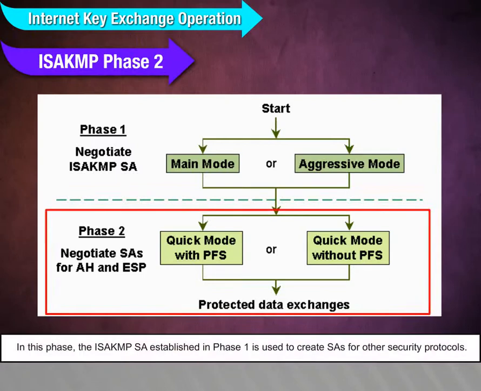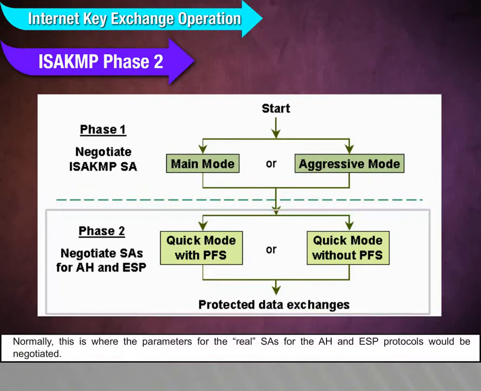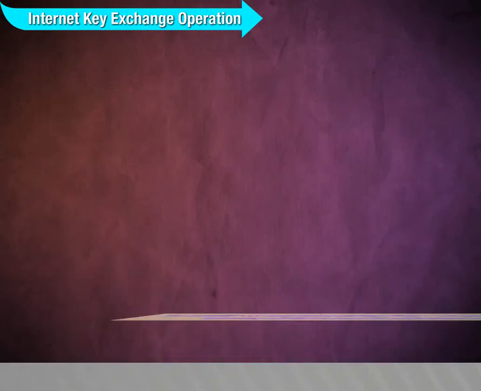ISAKMP Phase 2. In this phase, the ISAKMP SA established in Phase 1 is used to create SAs for other security protocols. Normally, this is where the parameters for the real SAs for the AH and ESP protocols would be negotiated.